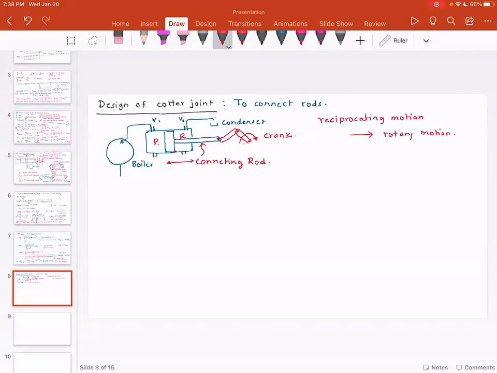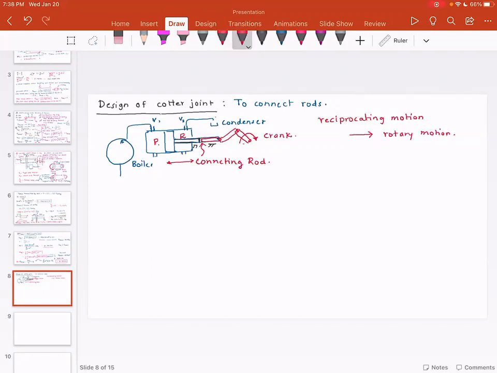And this rod could be made up in sections. So for an example, you could just have one rod connected over here, and then you have the second part of the assembly, which is over here. Now, what needs to happen is you need to make a connection here.